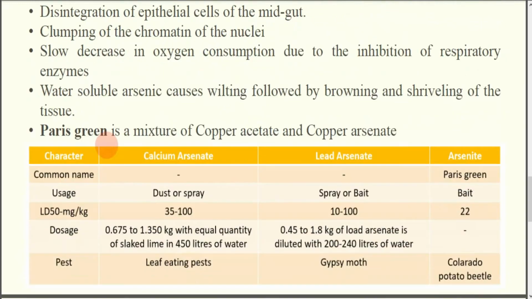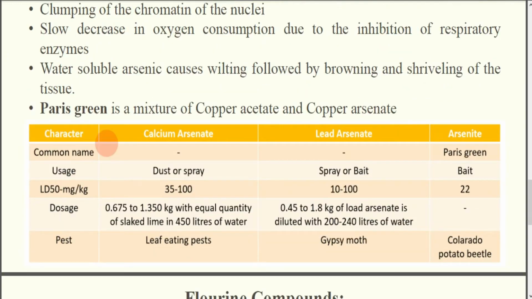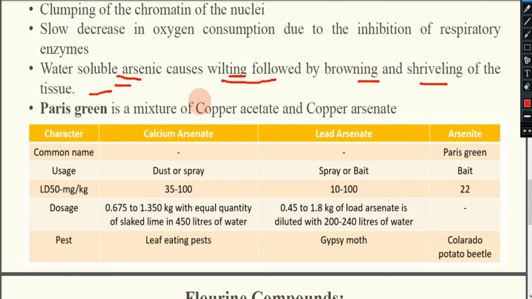Now you see some classifications are there. Again, water soluble arsenic compounds, as I already told you, will cause phytotoxicity like wilting, browning, and shriveling of the tissues. Paris green is a mixture of copper acetate and copper arsenate.